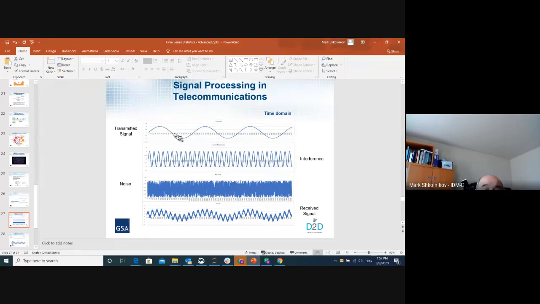So this is a transmitted signal, which is a simple sine wave, and this would be an interference signal, and that's another sine wave with a different frequency. And then we can take noise. And noise has all frequencies. In this case, it is called white noise, and white noise is a Gaussian noise, and that means it is normal distribution. So here it is.